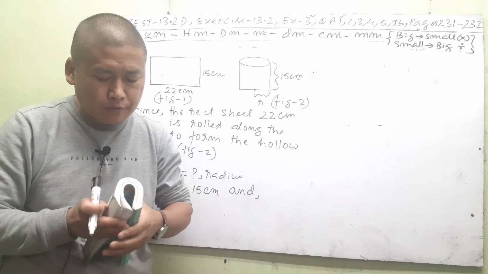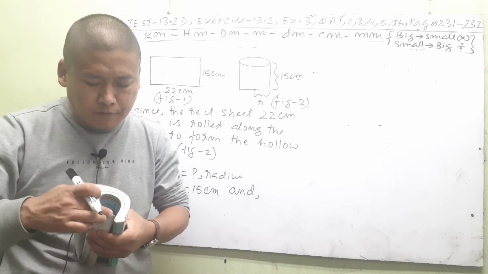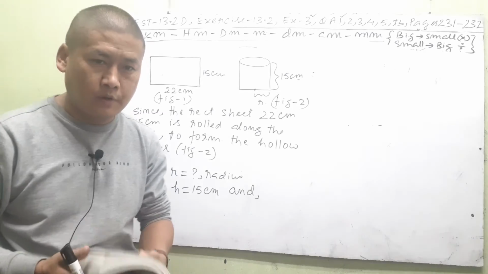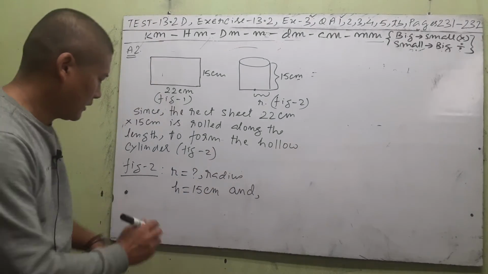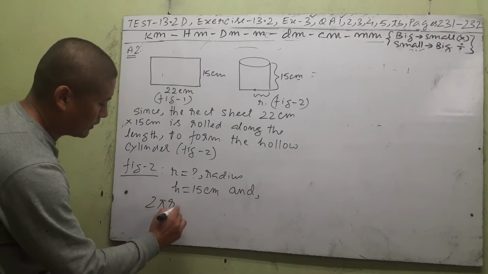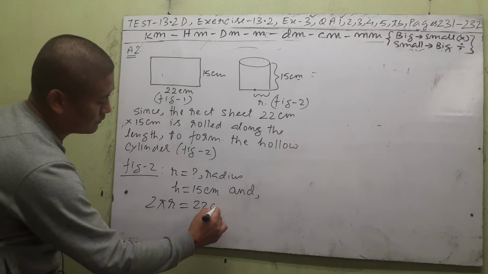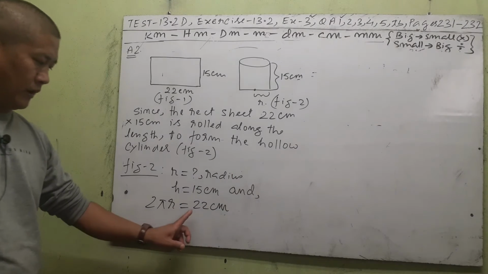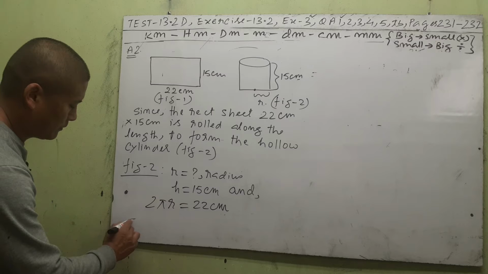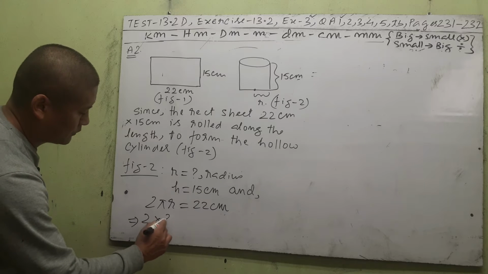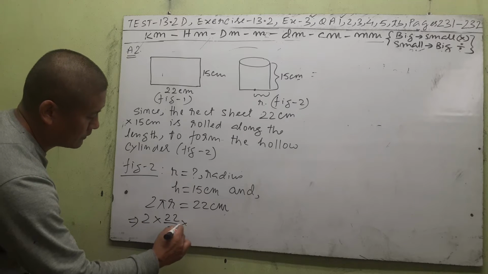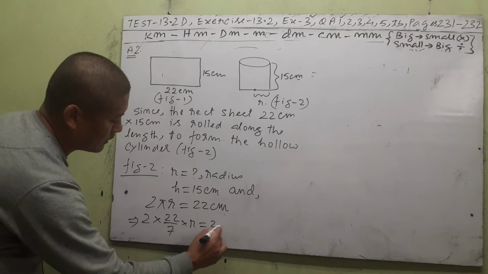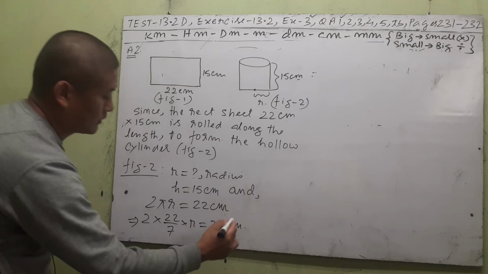After rolling also, the distance traveled around this circle will be the same 22. The distance one time round the circle is, we know, circumference 2 pi r, which will be 22 centimeter. I hope you're getting it. That implies 2 into 22 by 7 into r, we don't know yet, equal to 22 centimeter.